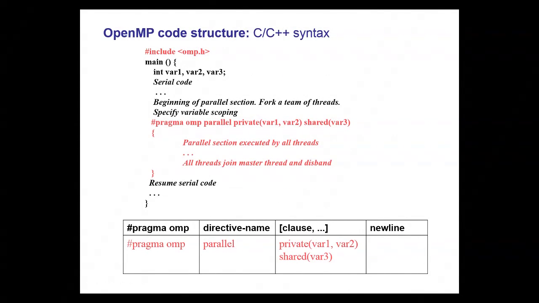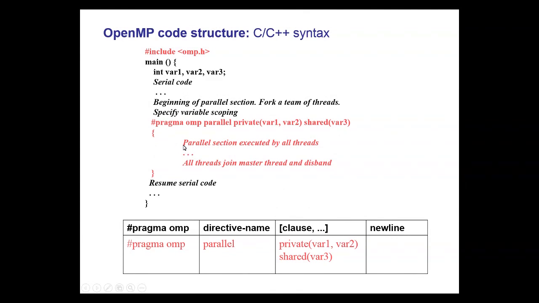So if we put it in a general way, the syntax for OpenMP code always looks something like this. You have a sequential code, and to build it up with OpenMP, you need to include an OpenMP header file. And then at the part of your code you want to run in parallel, you start with the OpenMP directive, and there may be some data structures or something like that.